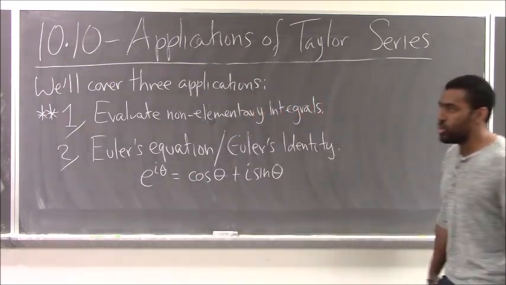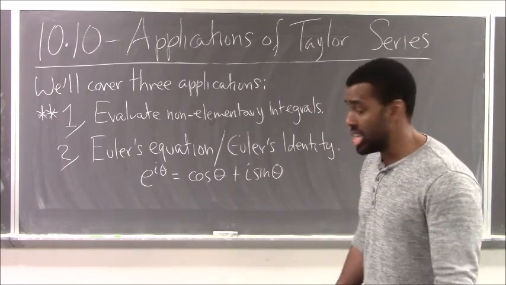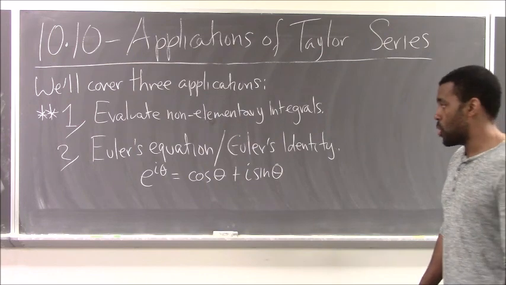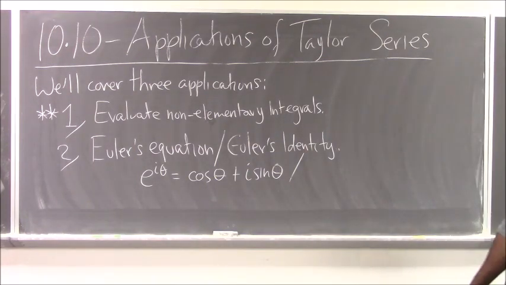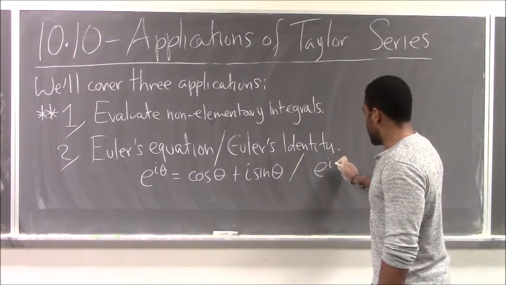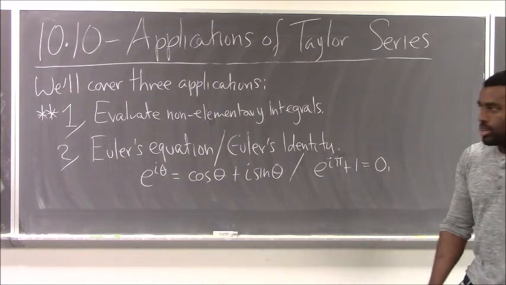This is so useful, it is not even funny, within calculus spheres as well as non-calculus spheres, knowing that the exponential can be written in that way. And this leads to a nice equation that a lot of people know as Euler's identity, namely e to the i pi plus 1 equals 0.